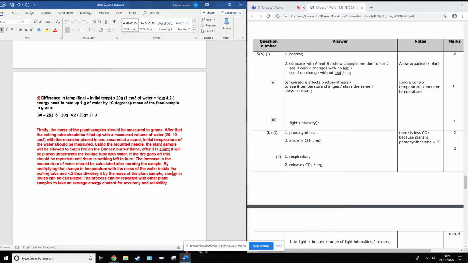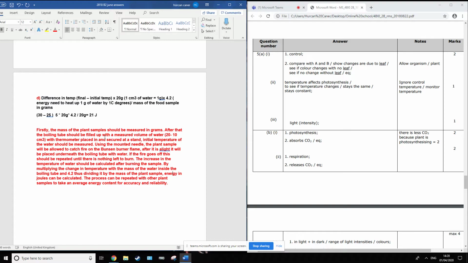Yes, guys. Compare with the tube A and B. Why? Because there's nothing in there. So what do we call an empty test tube usually? Control? Yes, exactly. Control.